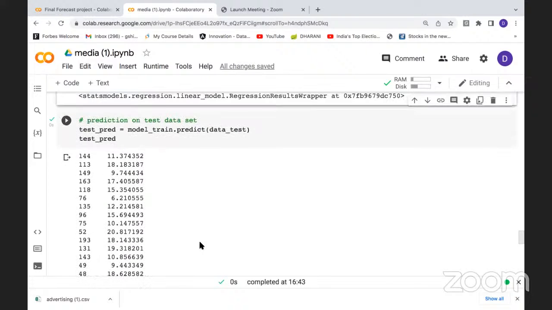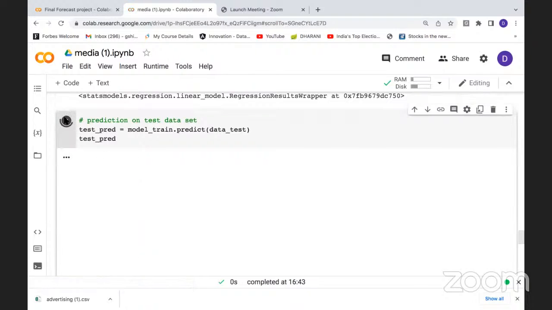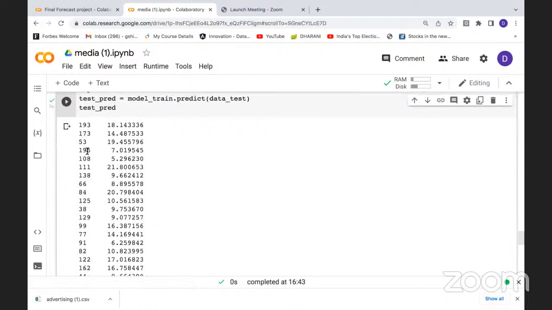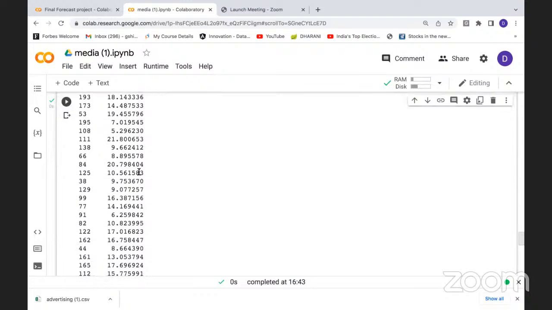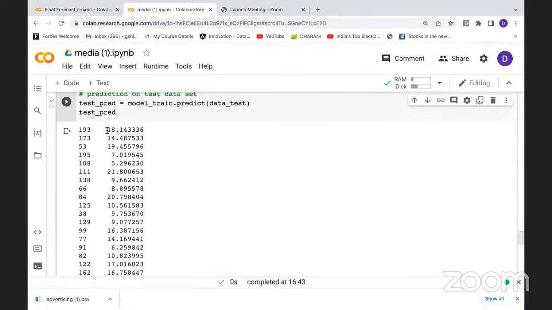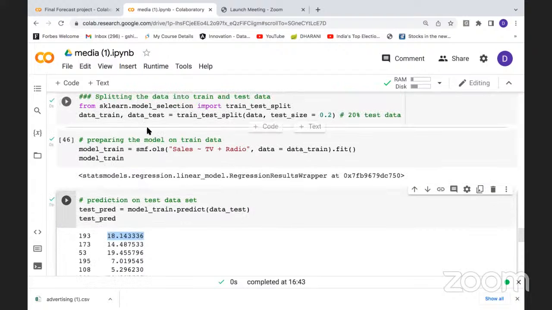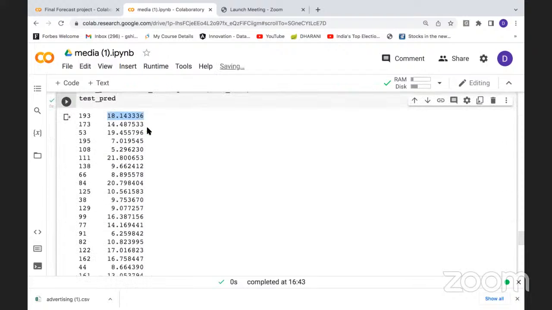Model_train.predict is my test data. So these are my random numbers. See here, randomly I got different test data. Here I got this. These are the sales predictions. Only the relationship is taken with TV and radio. Okay.